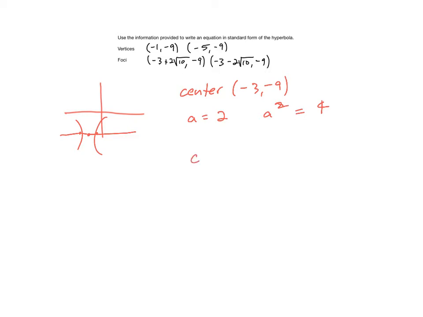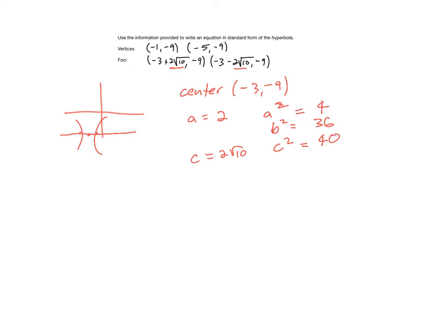The distance from the focus to the center would be from -3 to -3 plus 2 root 10, or -3 to -3 minus 2 root 10. So c is 2 square root 10, meaning c squared is equal to 40. And c squared is a squared plus b squared, so 4 plus 36 equals 40.